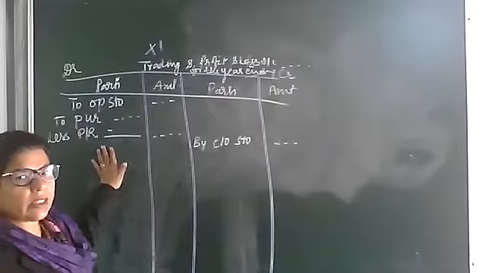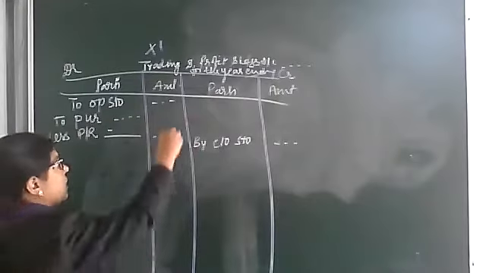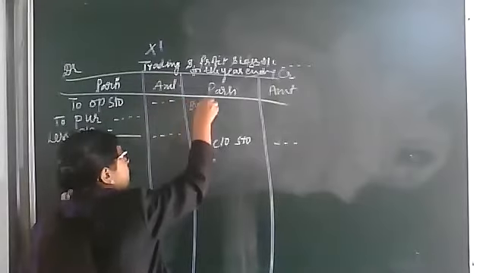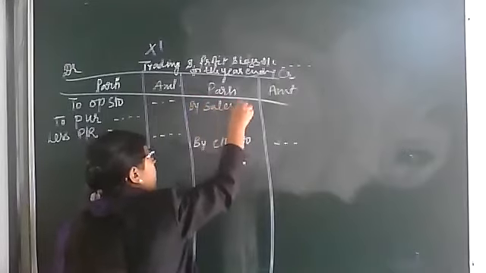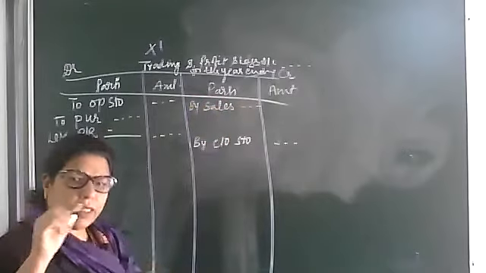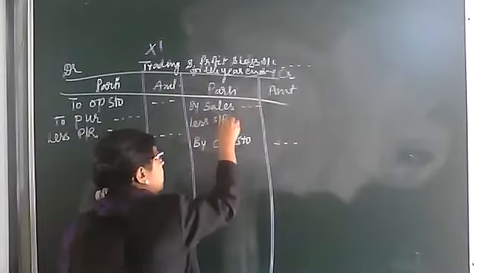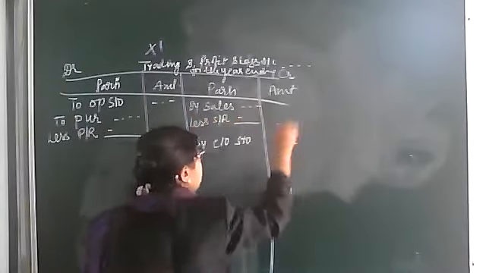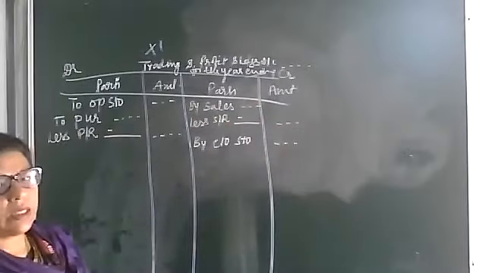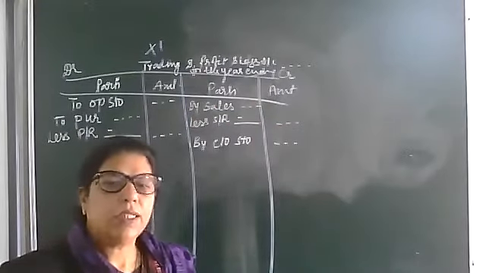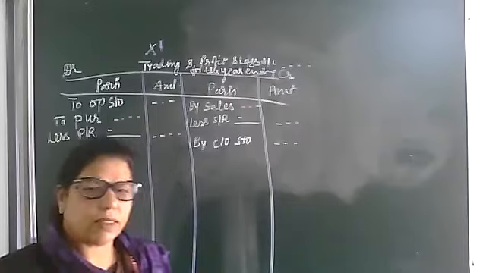If purchase is this side, we should write sales this side. Now sales should be written in the inner column, less sales return, so in the outer column again. Clear? Any doubt? Sales minus sales return.